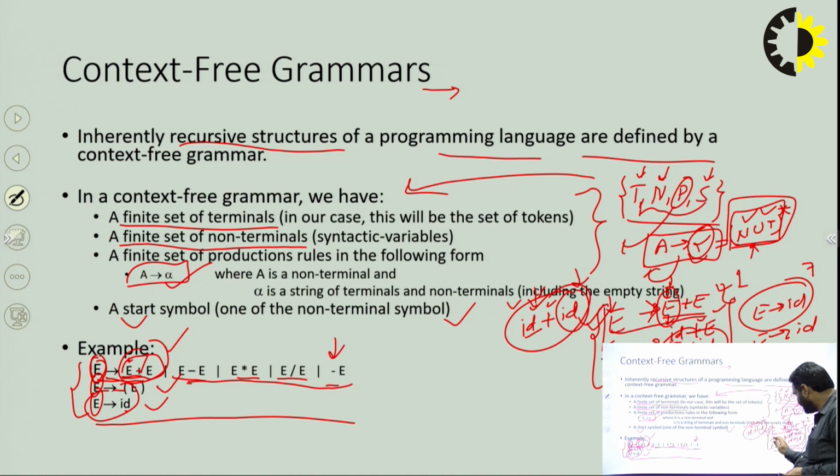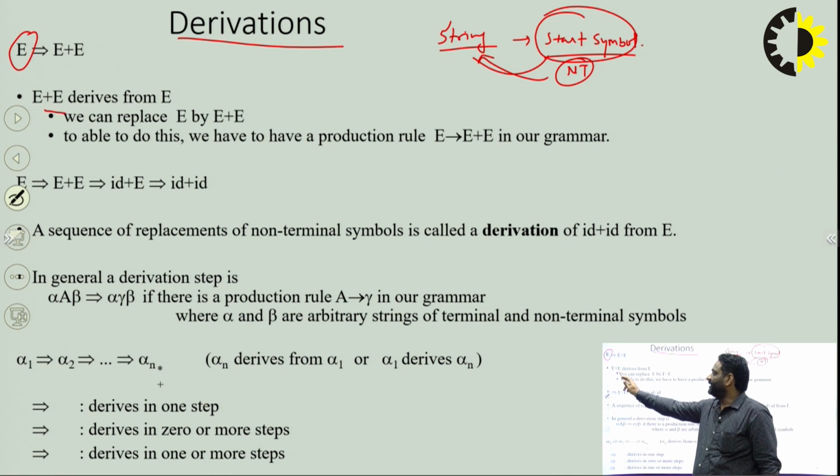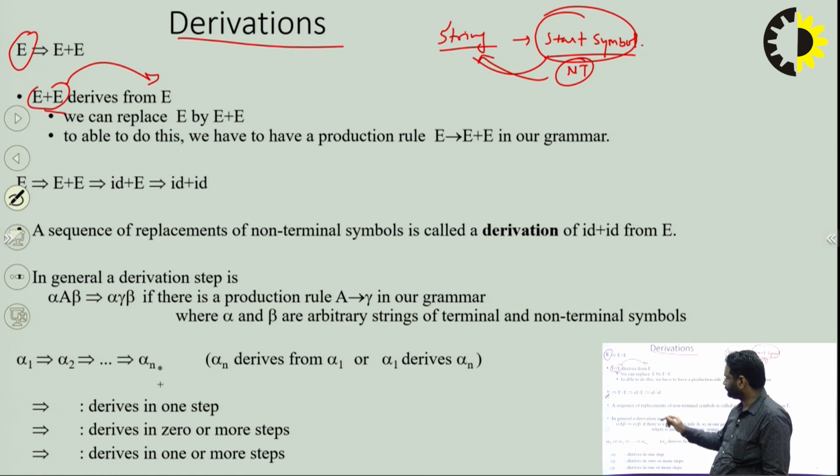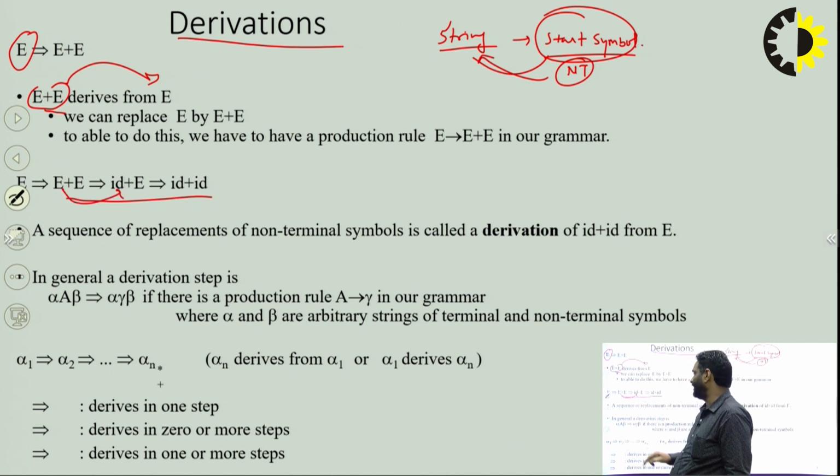So this complete process in which we take 3 steps is known to be derivation. Here you can see it. This derives from this one, as this is the first production rule. In the same manner, we convert by the first production rule, then this is converted to ID.